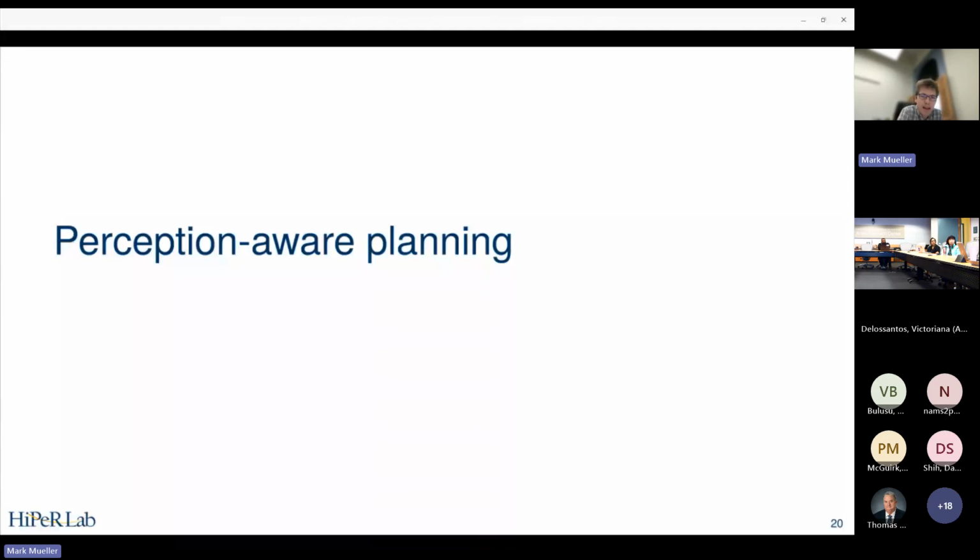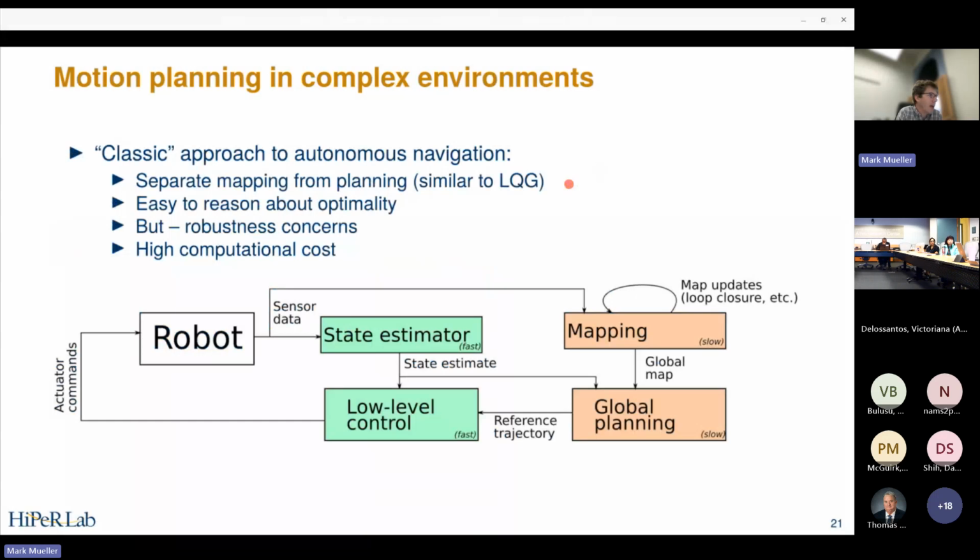So if you think about a classic robotic approach to autonomously fly through complex terrain, if you have your AAM aircraft that's trying to land, how do you do this? Well, a classic control strategy might look something like this. So you have your agent, you have a tight inner loop. The tight inner loop might have a state estimator and some sort of low-level control that's aiming to stabilize the system.